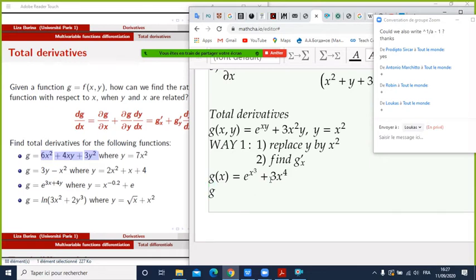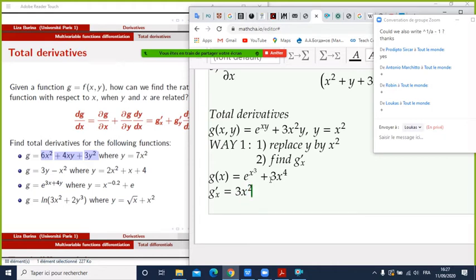So g prime x is equal to 3x squared e to the power of x cubed plus 12x cubed. I'm not even asking you to check it, because I know for a fact that it's correct. Okay, perfect. So that will be our total derivative.